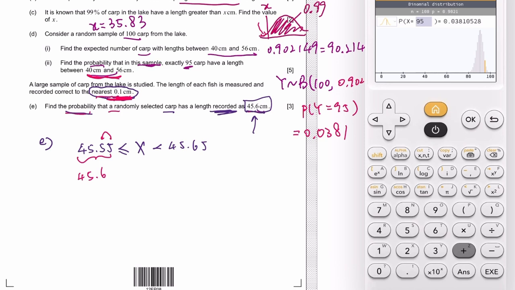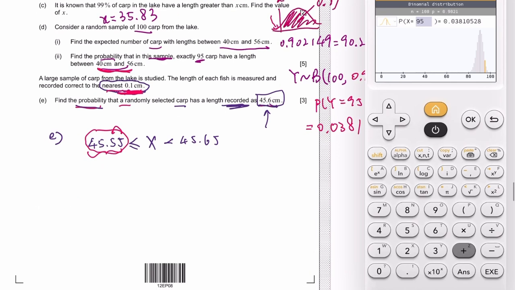Any smaller than this, let's say 45.54999, then when you correct to the nearest 0.1 cm, you look at this digit and say, oh, this is less than 5, so we do not add 1, so it will be recorded as 45.5. So for the fish to be recorded as 45.6, 45.55 is the smallest possible value.